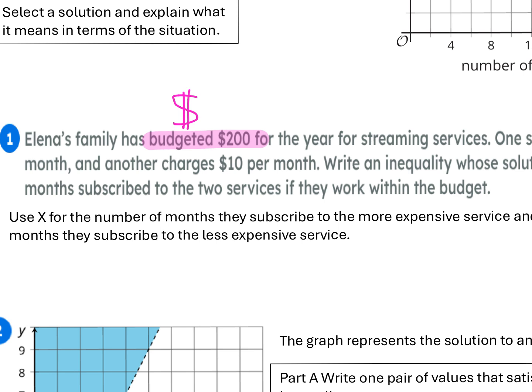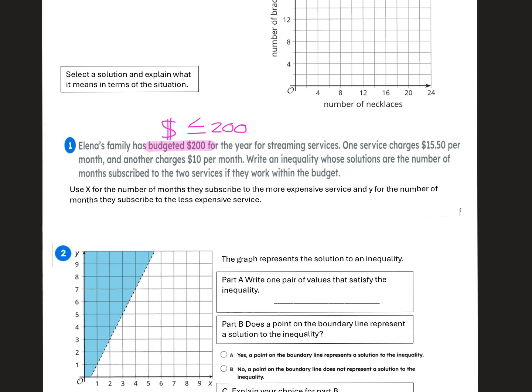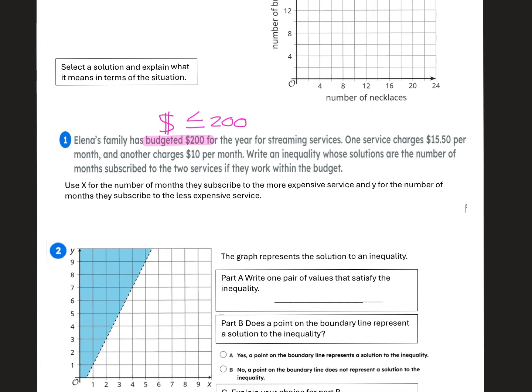So you could spend exactly $200, or you can spend less than $200 if that is your budget. So part of my inequality is going to be less than or equal to 200.